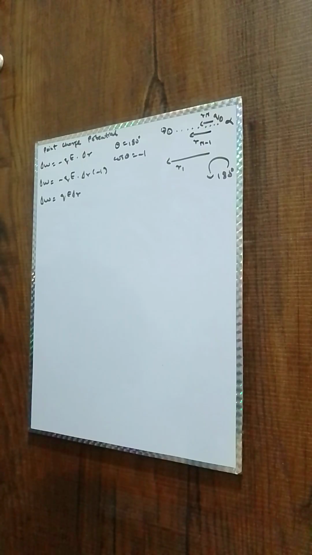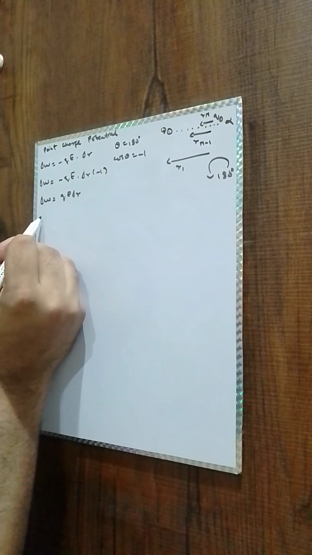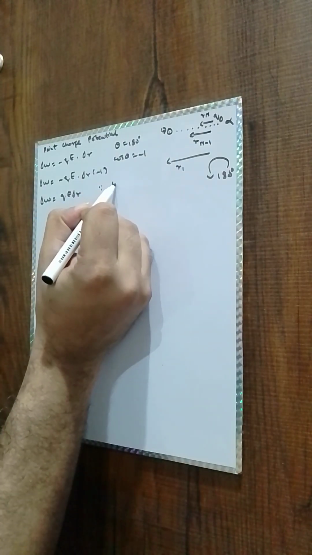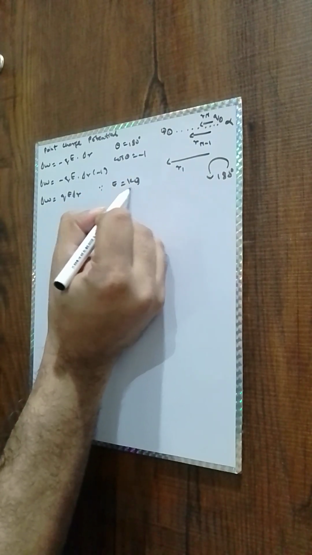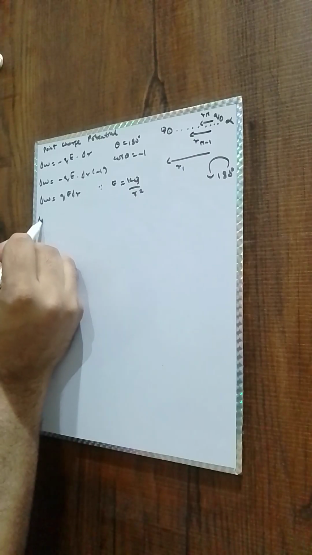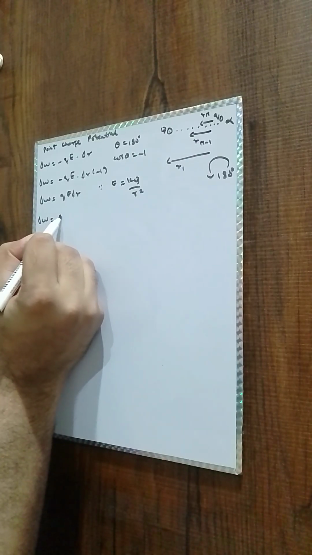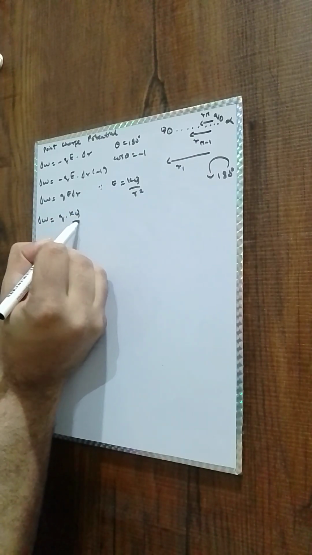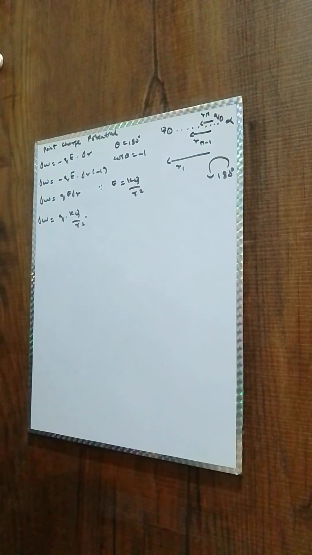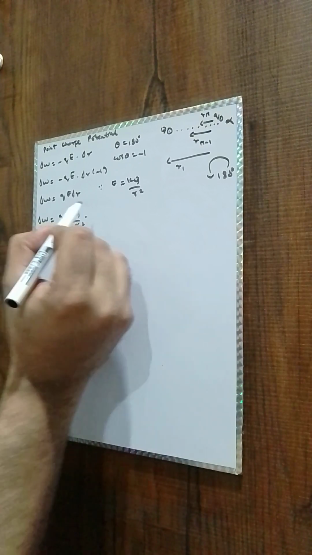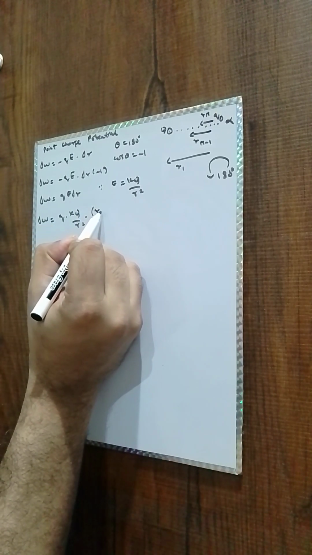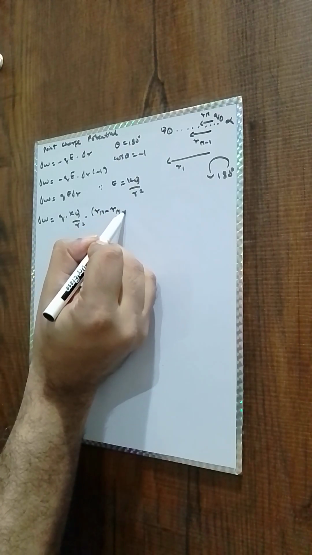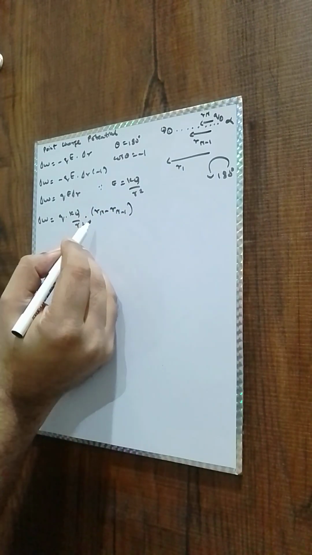Delta W is equal to QE delta R. And now we look for QE now, and as we know that E is equal to KQ by R square, so what we have here is Q dot KQ by R square dot delta R, and delta R is Rn minus Rn minus 1.